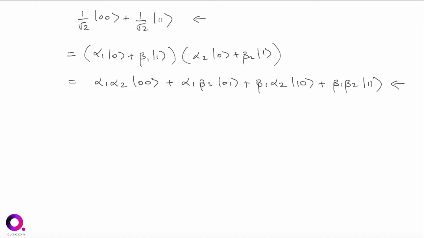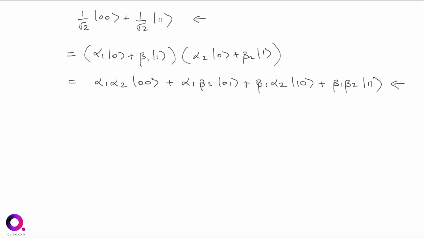And the ket 0,1 coefficient of the third line must be equal to the ket 0,1 coefficient of the first, which is 0, etc.